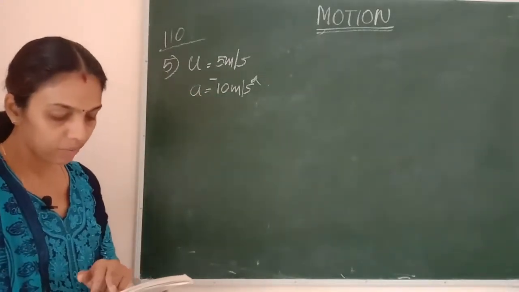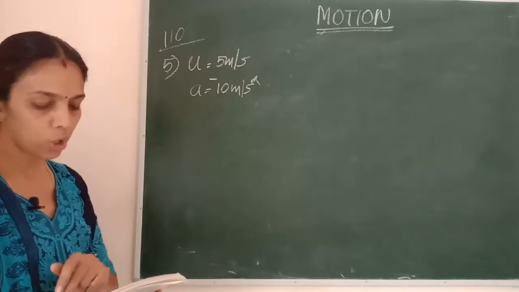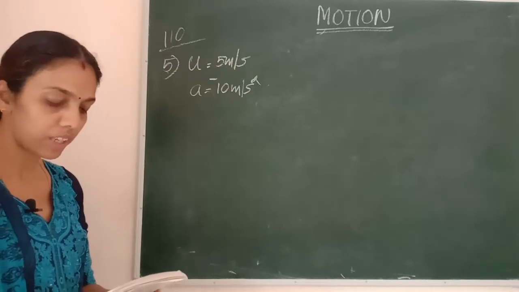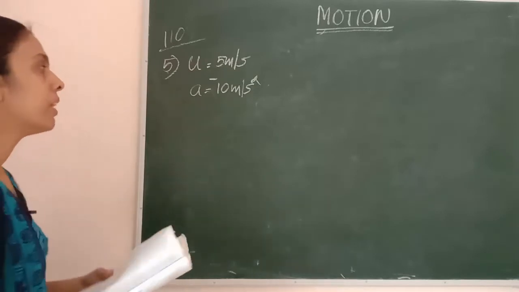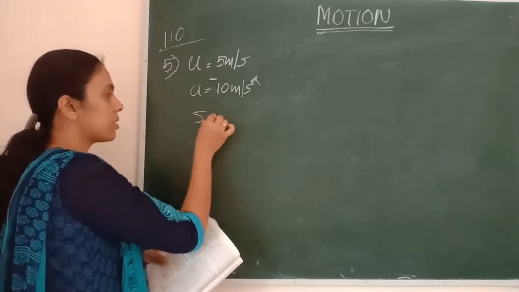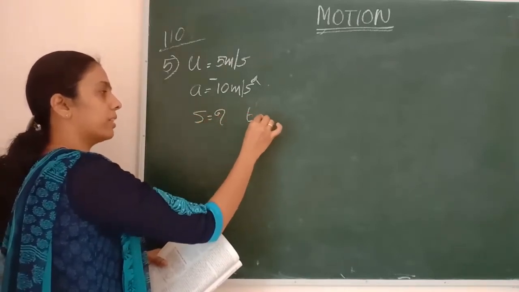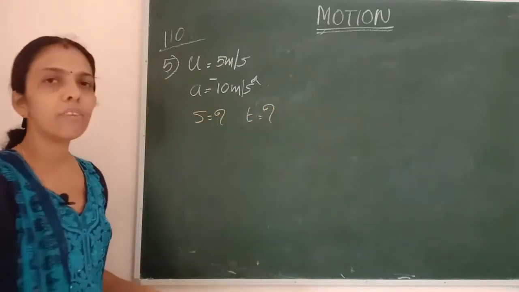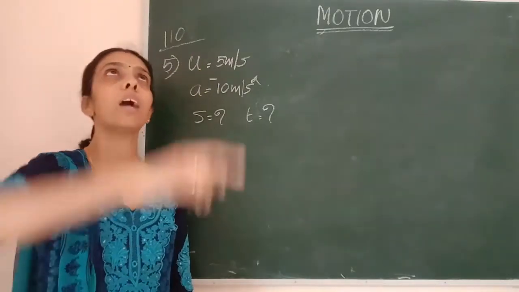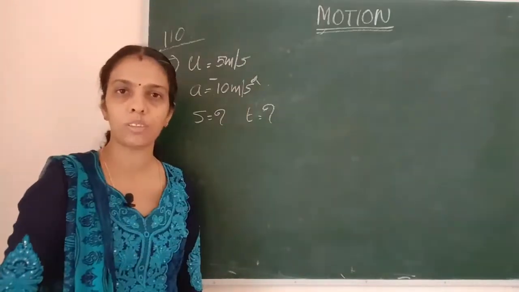Then what will be the height attained by the stone and how much time will it take to reach there? We should find out the height attained by the stone and the time required. If I throw a stone upward, what will happen? After some distance, it will come down, isn't it?